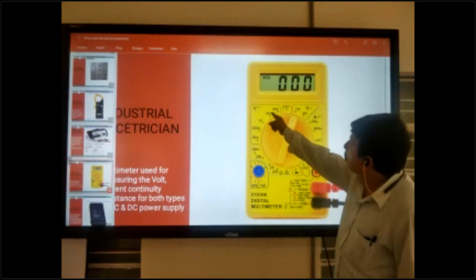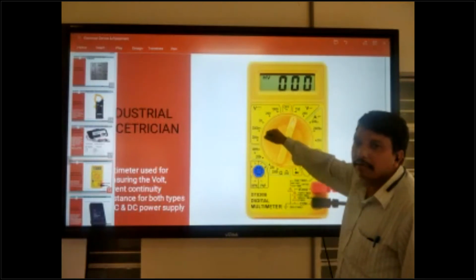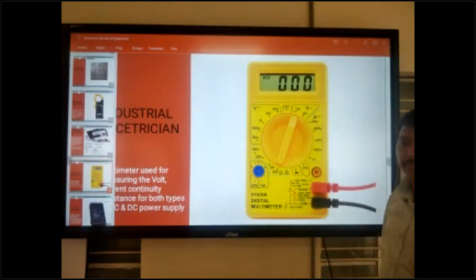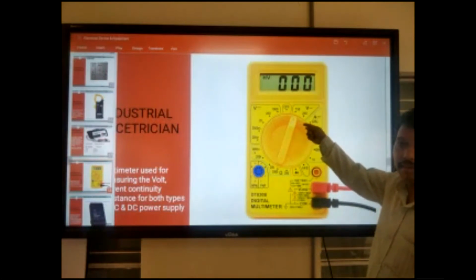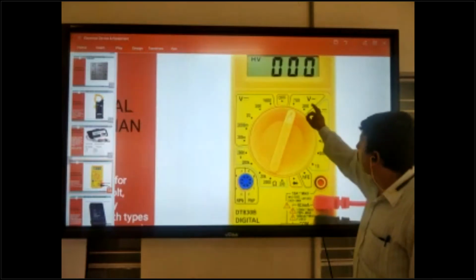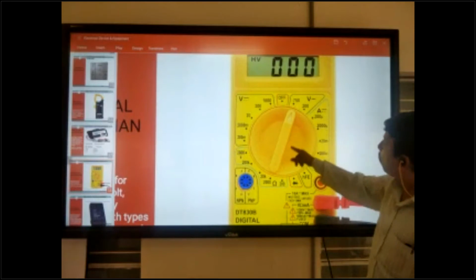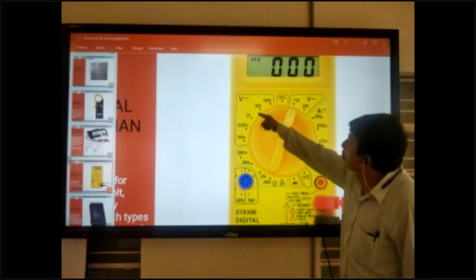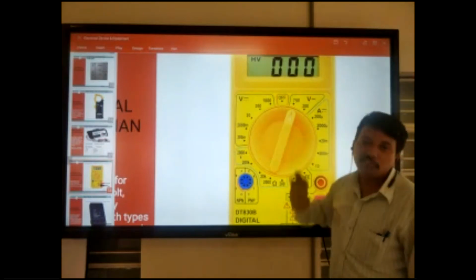If you measure DC volt, you put the selector here. If you measure AC volt, you put the multimeter here. This arrow is for AC volt, so if you set it like that, you can measure AC volt. If the arrow goes here, you can measure DC volt.